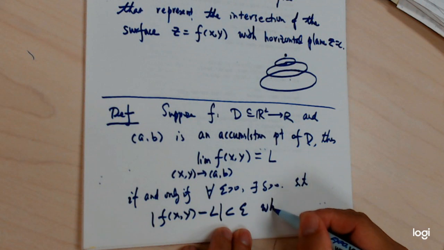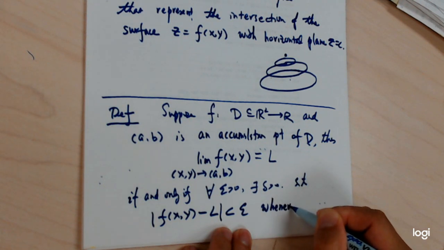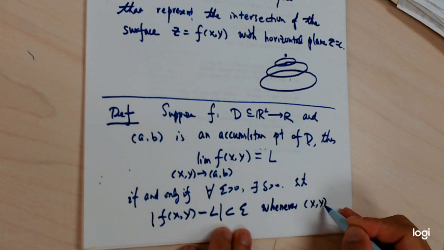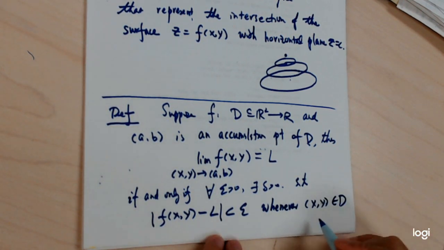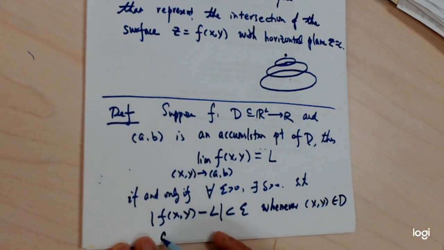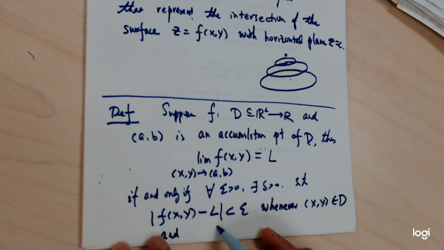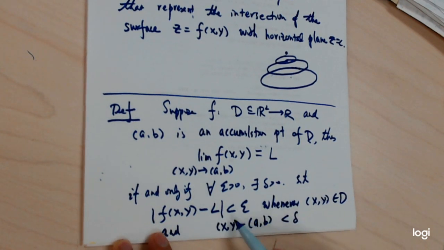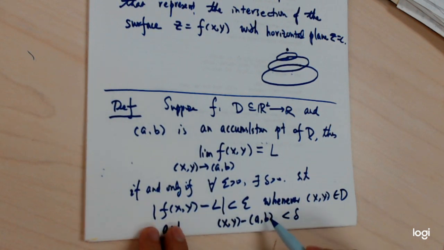Whenever x and y, they have to be in D for sure. That's a basic requirement. And the distance between (x, y) and (a, b) is less than delta. Once again, here we're talking about points in R2, so we use a norm.